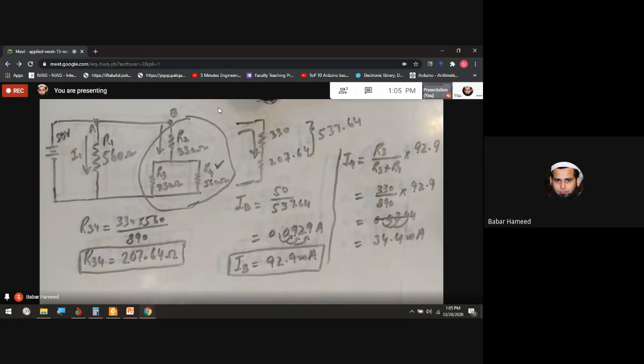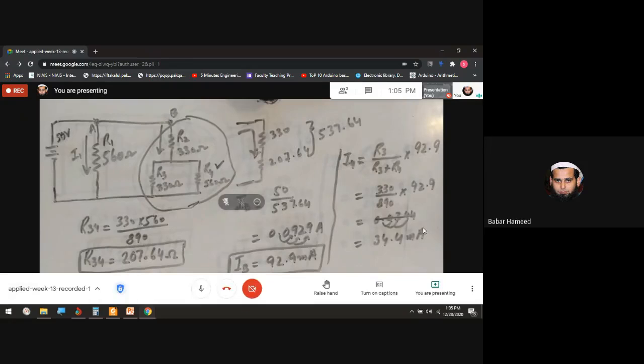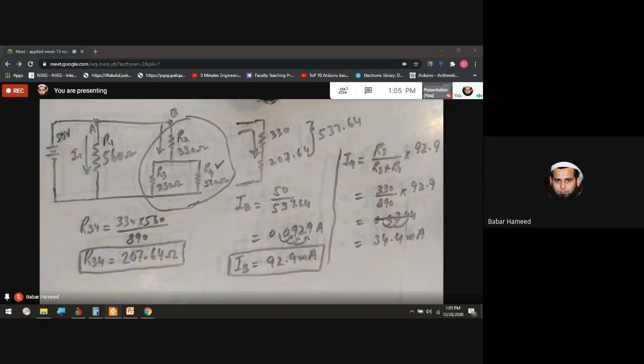And where will the remaining current flow? The remaining current flows through R3. Very good. So far we have discussed how to calculate total resistance in a series parallel combination circuit and how to find out total current in a series parallel combination circuit.